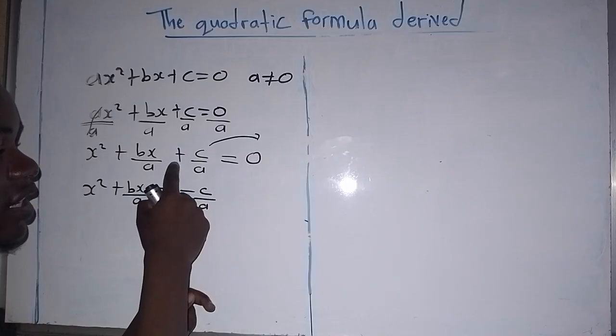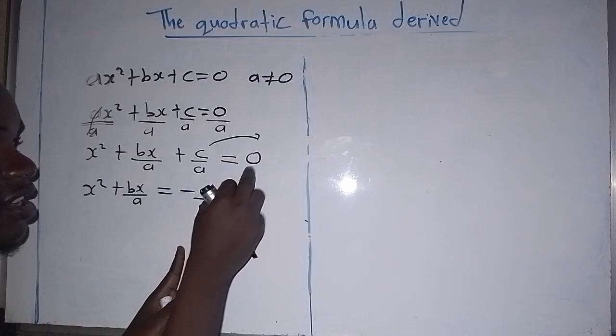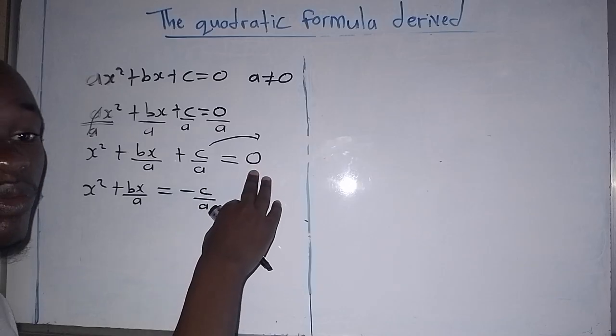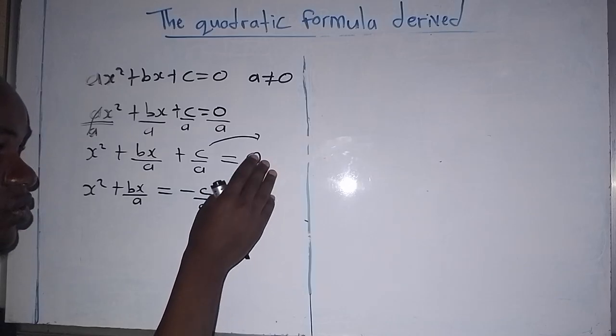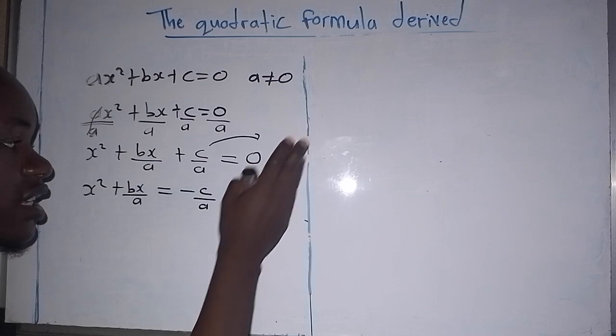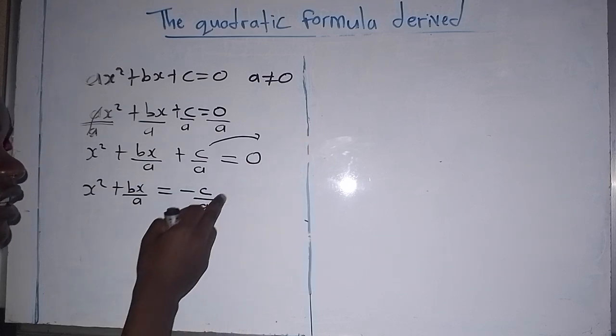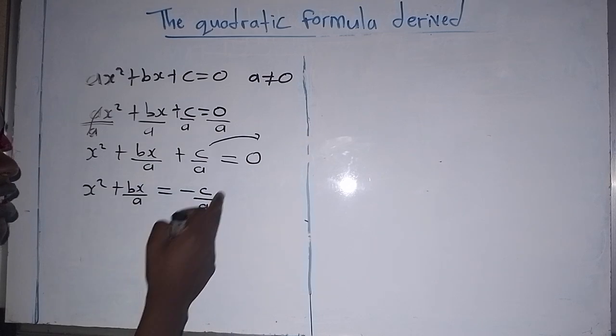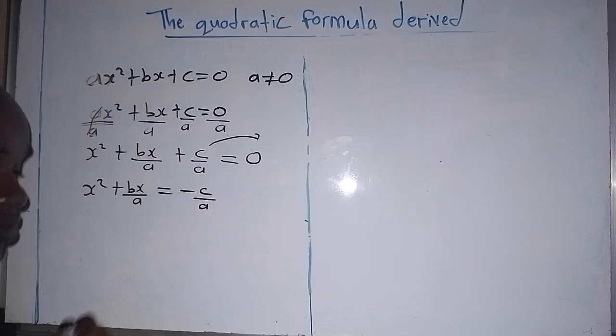The 0 means nothing, so we just forget about it and have negative c over a.